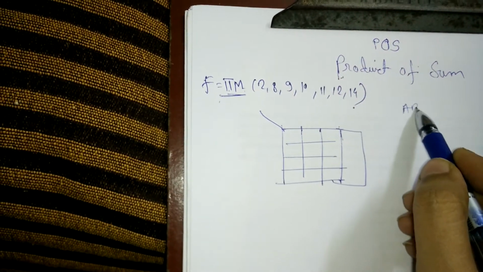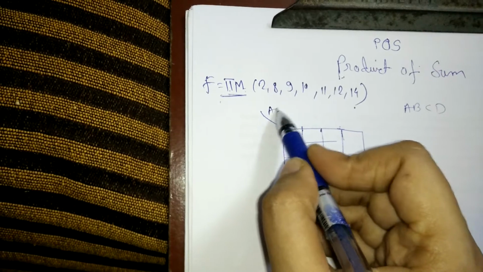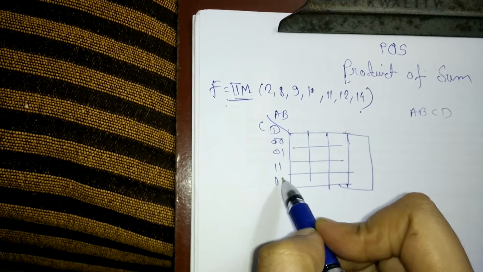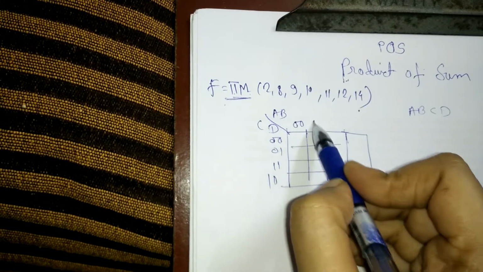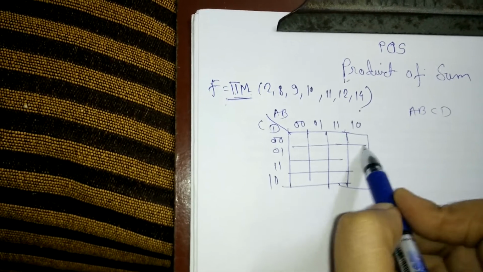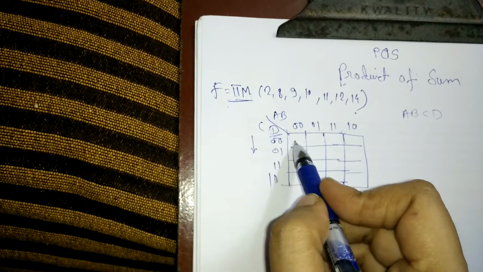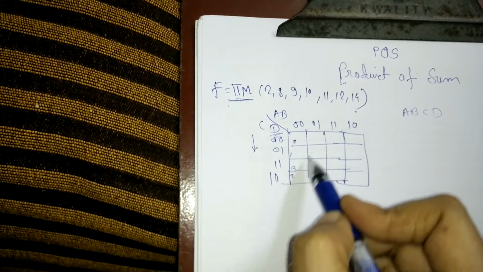Here again, as it is a 4 variable, we are having A, B, C, D, 4 variables. As we have written D as the LSB, we will go on the lower side for writing our variables.